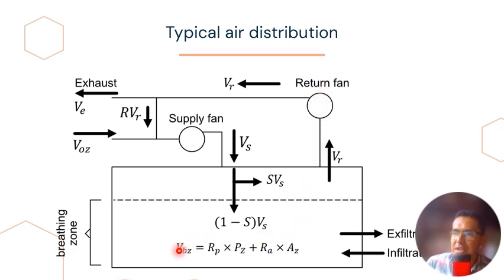So the ventilation rate that we have calculated with the previous equation is this one, the equation in this area, that can also be related to the ventilation of the supply air.